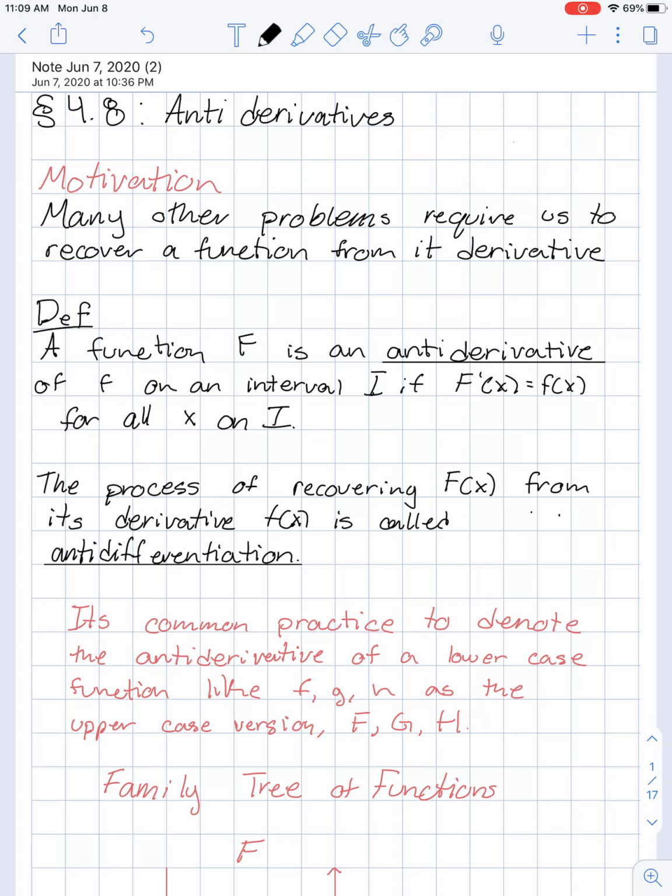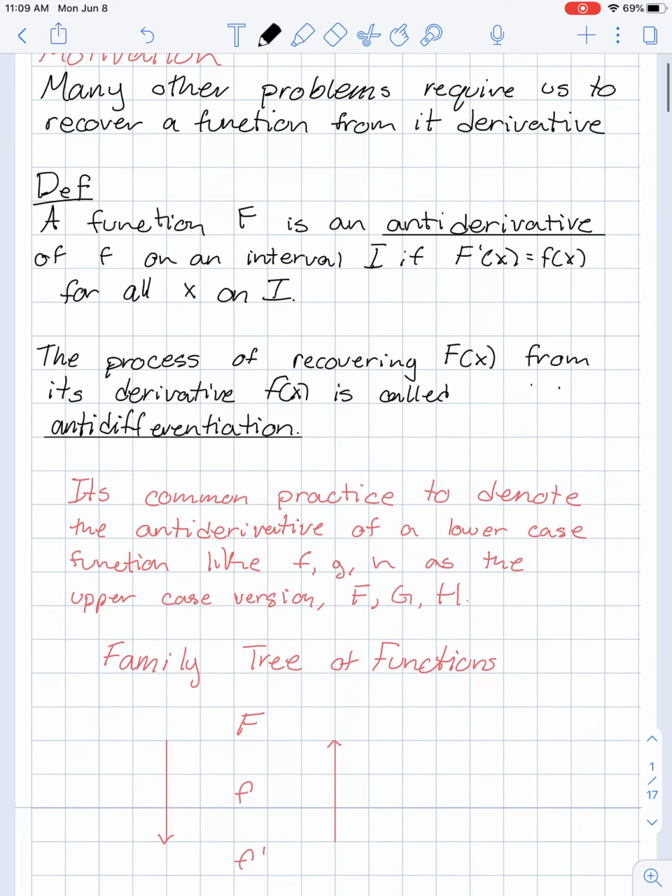The process of recovering big F of x from its derivative little f of x is called antidifferentiation, similar to when we took the derivative, that was called differentiation. It's very common to make the antiderivative the capital letter.